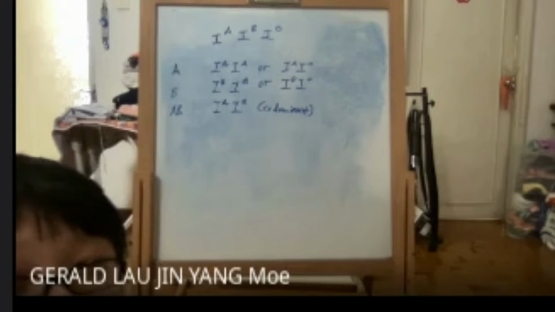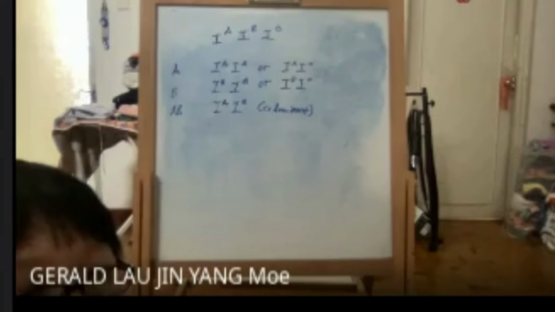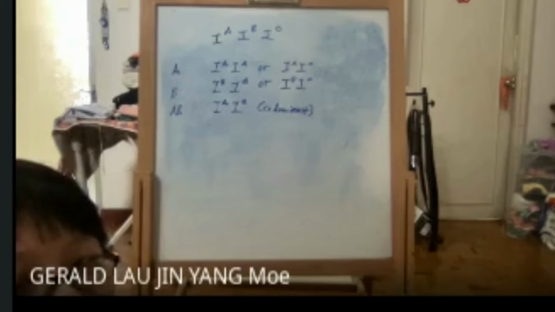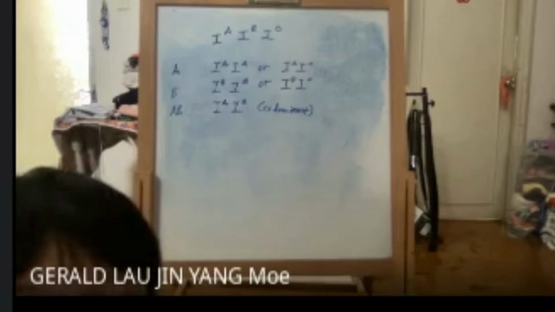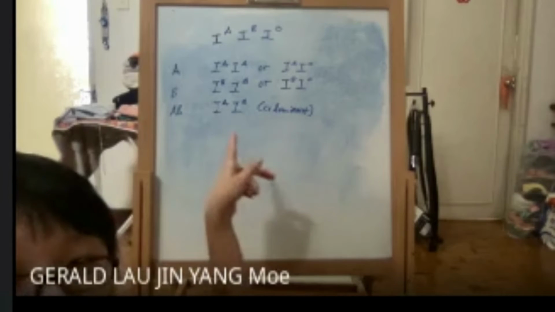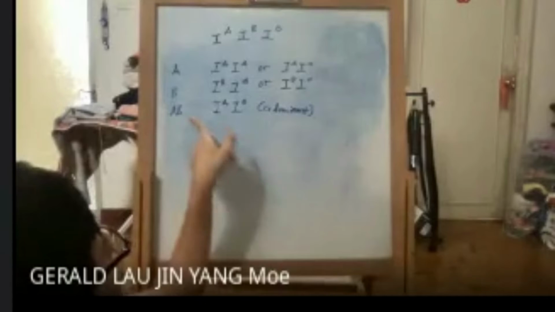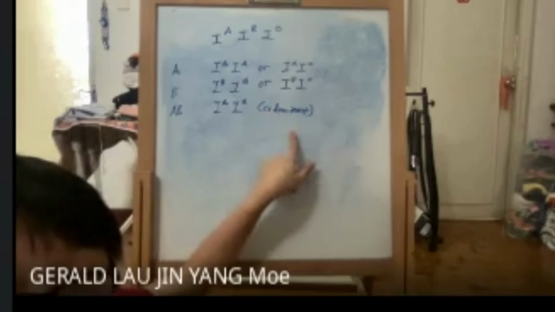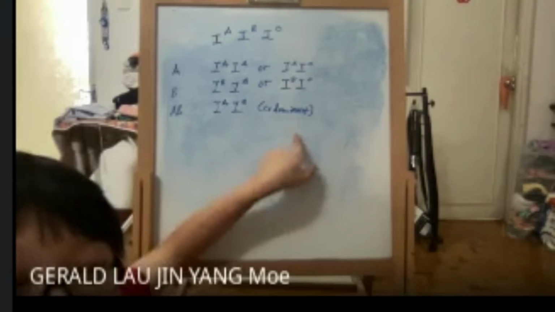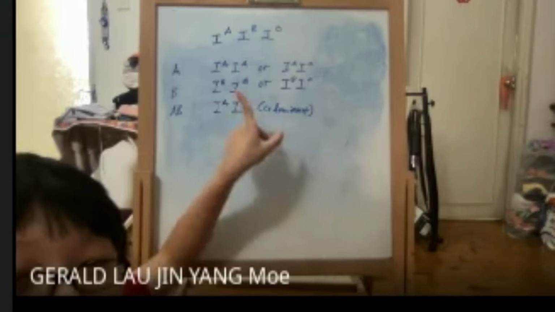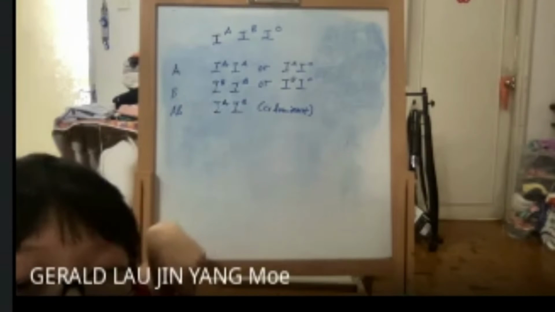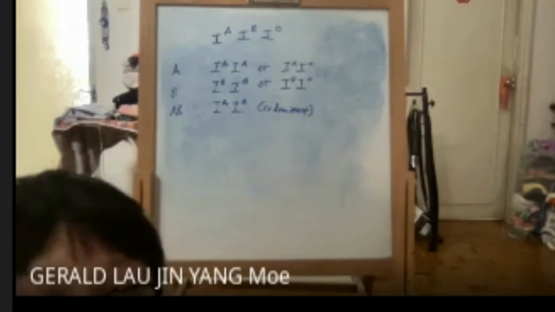O people are going extinct as we speak, but O is the universal donor. AB is the universal receiver.